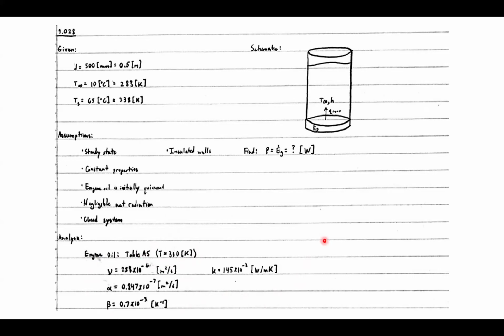Oddly enough, if you use the Prandtl number that's given in table A5 at that temperature, 310 Kelvin, you don't get the same answer as when you use the equation for the Prandtl number, which is the kinematic viscosity divided by the thermal diffusivity. So those are the table values that we'll be using, and that is what matches the solution guide.